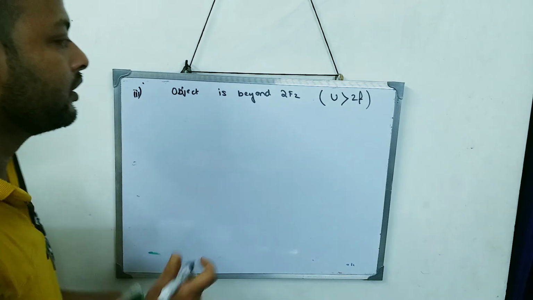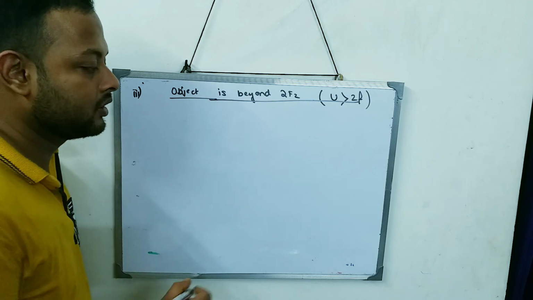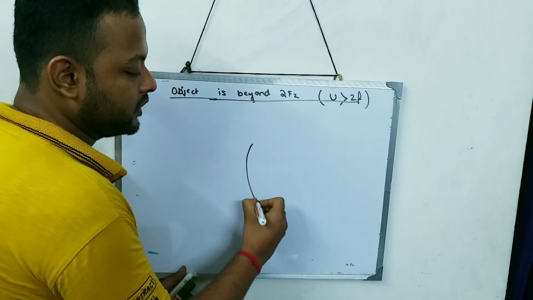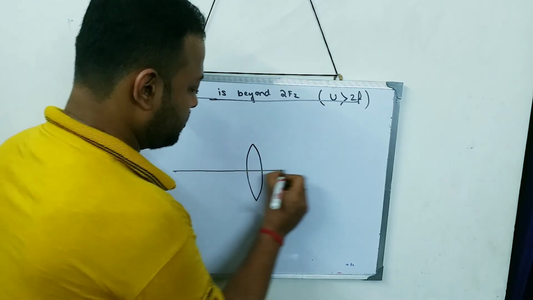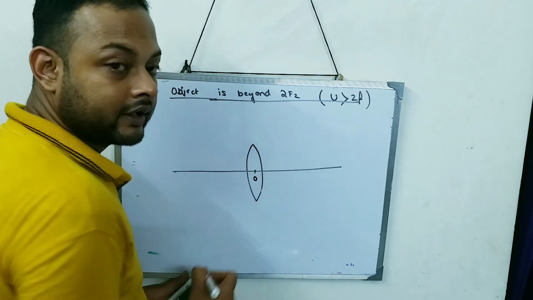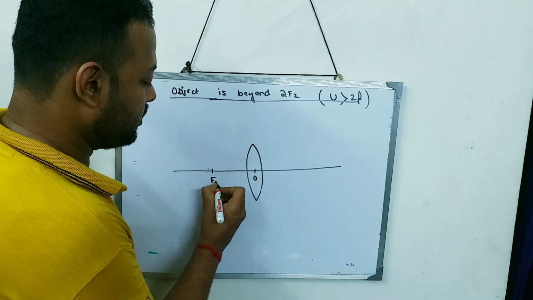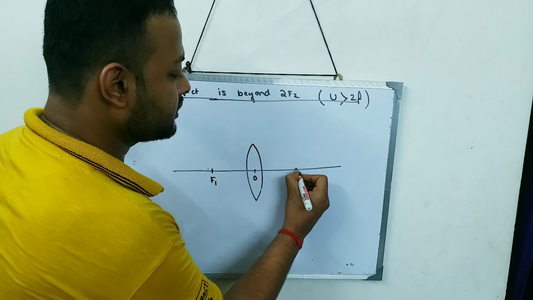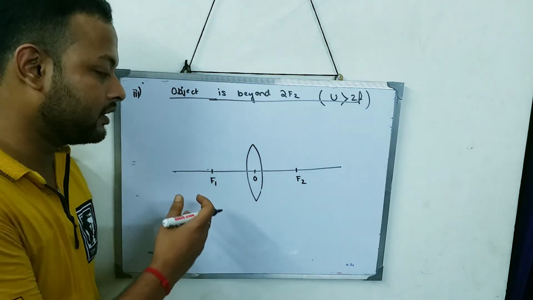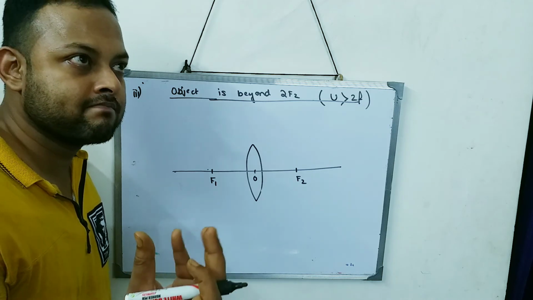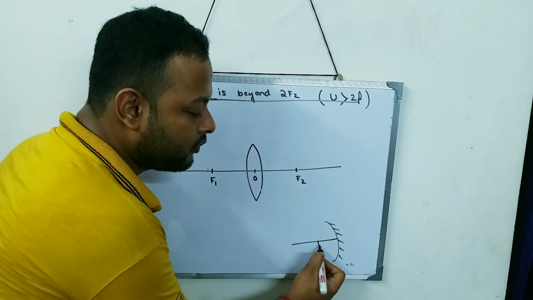What does that mean? Certain explanations can only be understood by diagrams. So let me see. This is again the convex lens. This is my first focus and this is the second focus. Now you have to take note of a point: when we were doing the mirror chapter, suppose this is a concave mirror and this is the focus.